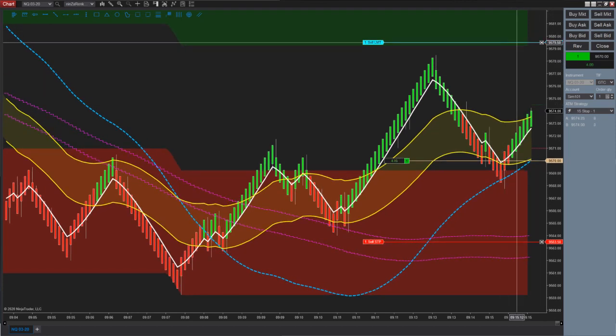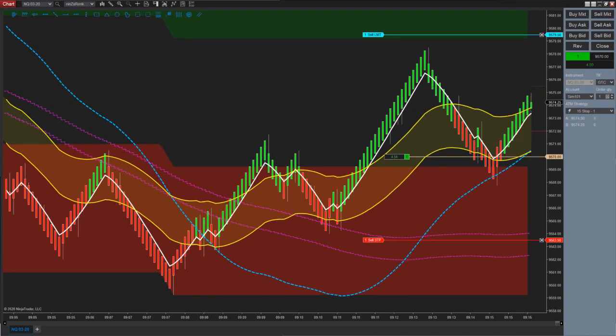They never touched this upper green. Move a couple of ticks, just in case.